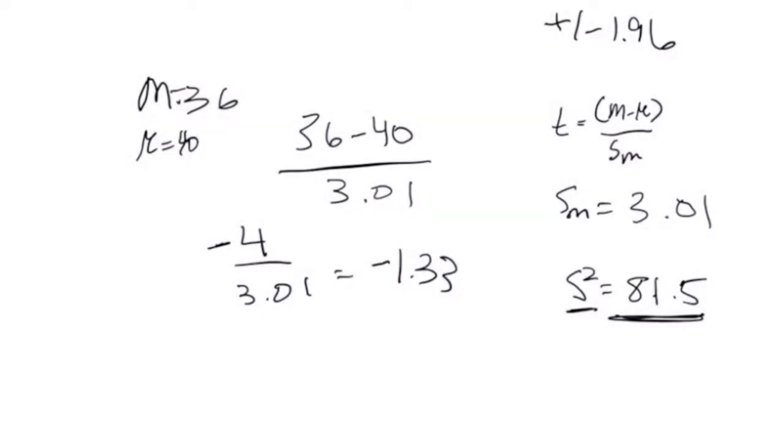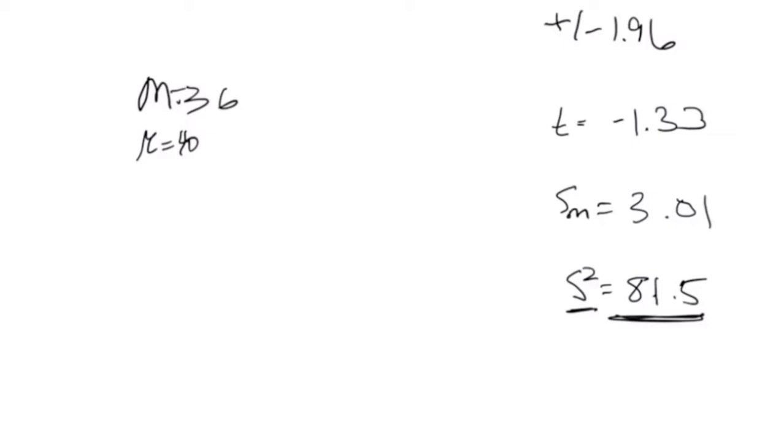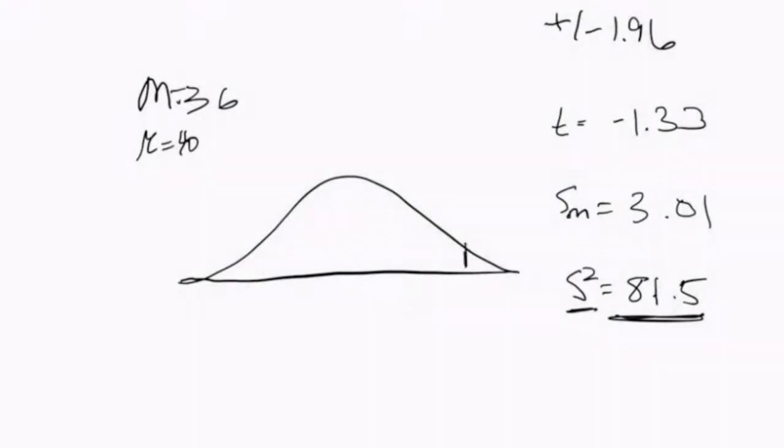Now we can take a look at our t statistic and evaluate it next to our critical boundaries. I'm going to draw out the normal curve, and I'm going to put my critical boundaries here and here. This is negative 1.96. This is a positive 1.96.